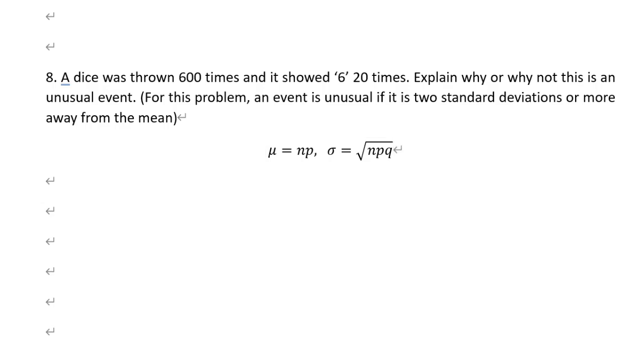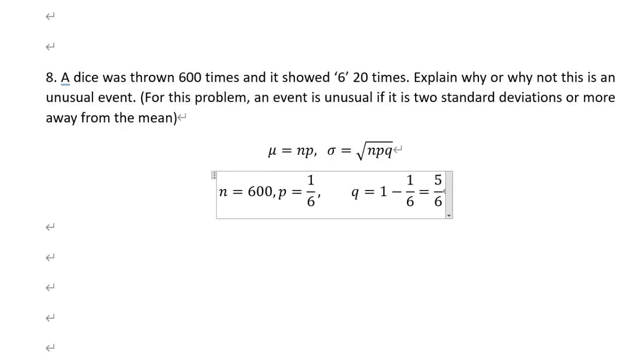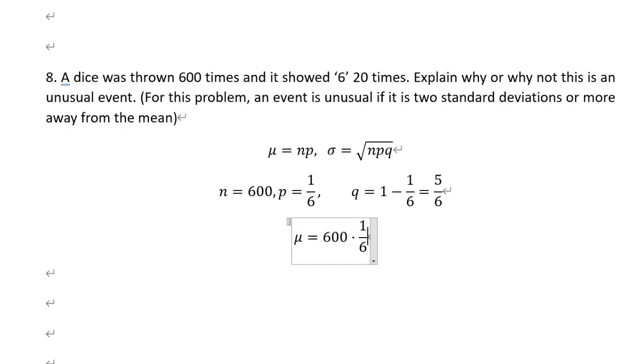And in our case, N is 600, P is 1 out of 6 chance that you get a 6, and Q would be 1 minus 1/6, so that's going to be 5 over 6. So you see that mu is equal to 600 times 1/6, which is 100.